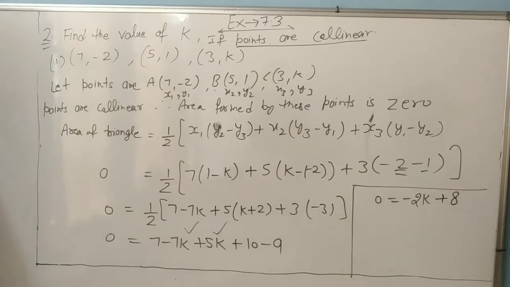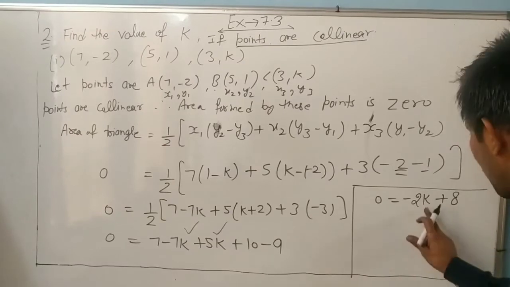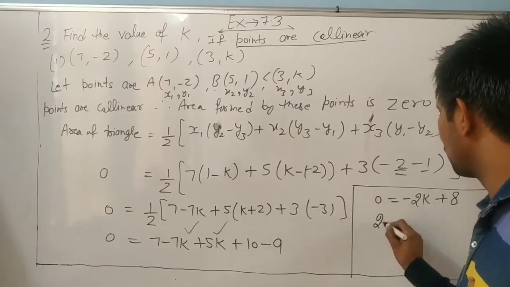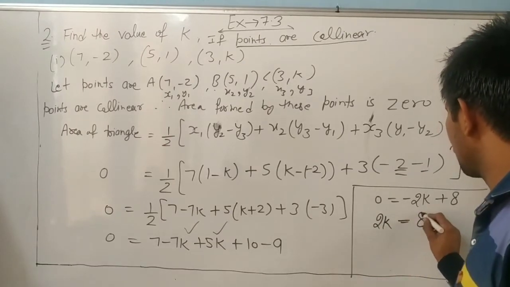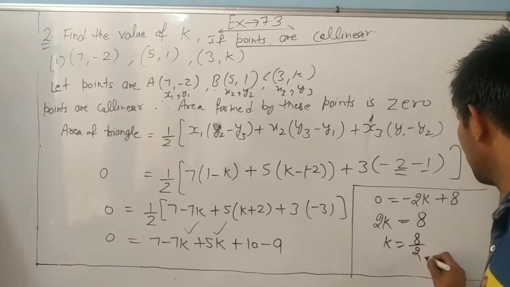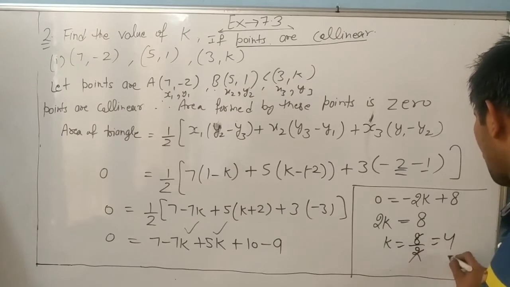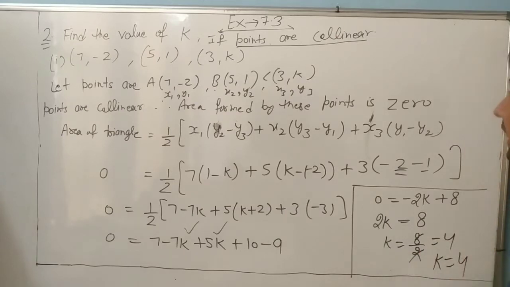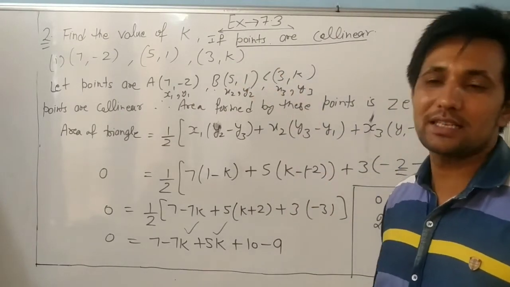We want to find the value of k, so we need k positive. So minus 2k goes to the other side, positive: 2k equals 8. So k equals 8 divided by 2, so 2 cancels. So how much is the value of k? k is 4. Understand here?